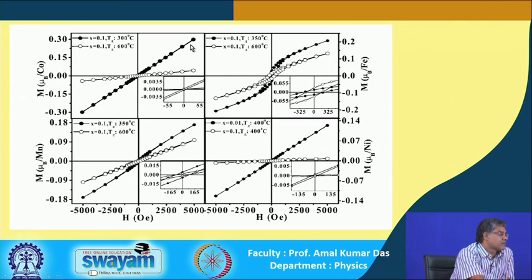So, here we have plotted these two sets of data. You can see one is a solid circle, another is an open circle. In all these cases you can see there is a difference. Here we are directly plotting these two sets of data on the same graph.